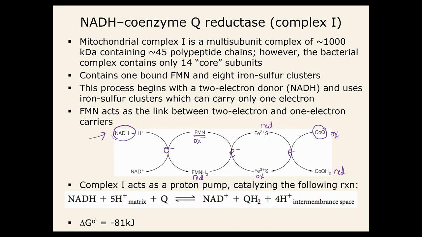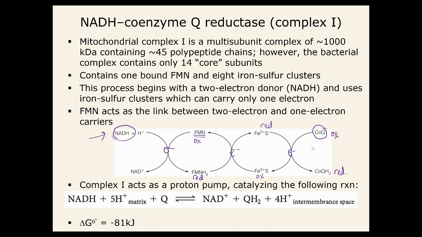Now, the specifics that I'm not going to go into are that some of them accept one electron at a time, some two. You don't need to distinguish between 1 and 2 electron carriers. But what I want you to understand is that as a result of all those electron transfers, at points along that exchange, H plus is given off, and that's pumped.